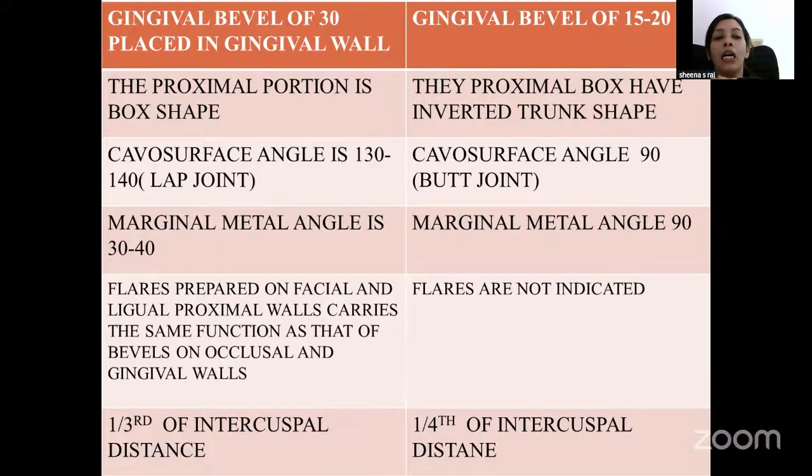Okay. The marginal metal angle of amalgam, because 90 is the cavo surface angle, means the metal will be 90 degrees. Flares are not indicated in amalgam, we know, but flares are seen in cast inlays. It is on the facial and lingual proximal walls. Okay. Now we know that the depth of a cavity is 1/4 of an intercuspal distance in amalgam restoration, and in the case of a cast inlay restoration it is 1/3 of an intercuspal distance.